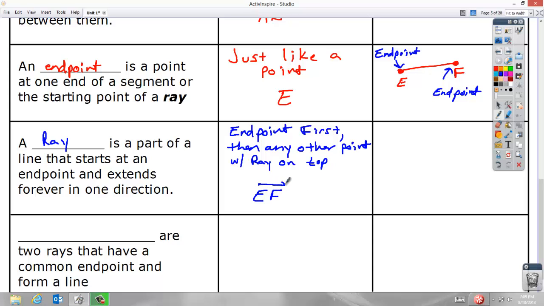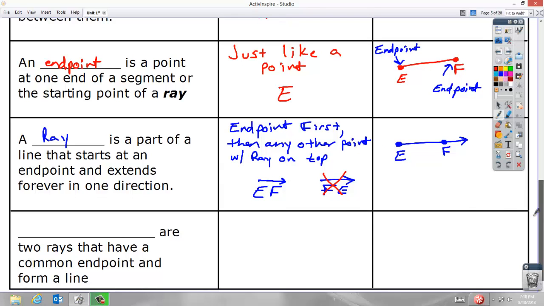And you'll have a ray symbol on the top. Well, it's real simple to draw. Our endpoint is E, so that's where we start, and then F. It would not be correct to call this ray FE. That is not right. The first letter when you name a ray has to be the endpoint. Keep that in mind. That's an easy way to lose points on a test.